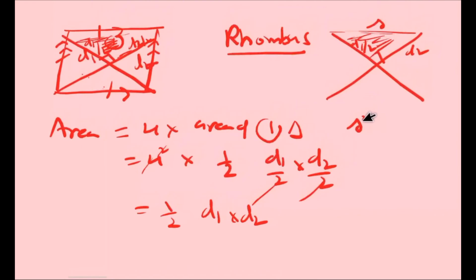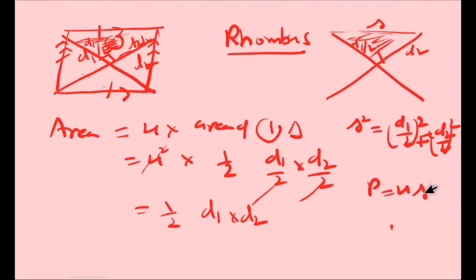Since the side is the hypotenuse in the Pythagoras theorem, we can use this formula with diagonal 1 and diagonal 2. Using this formula, D1 upon 2 squared plus D2 upon 2 squared, we can find the side, and perimeter equals 4 into side.